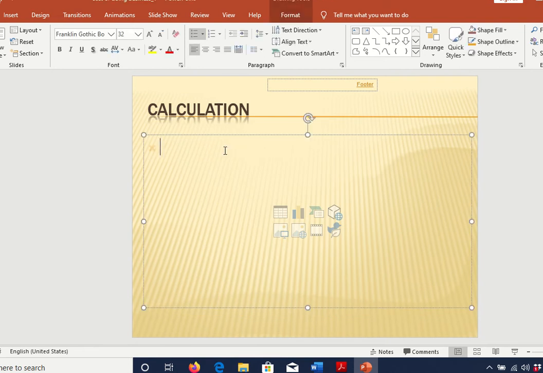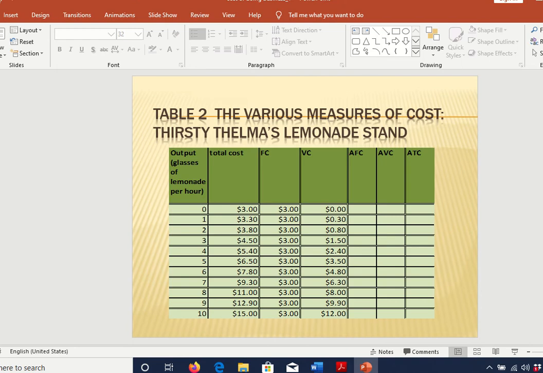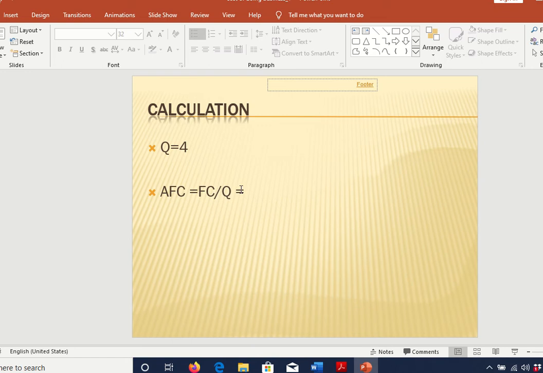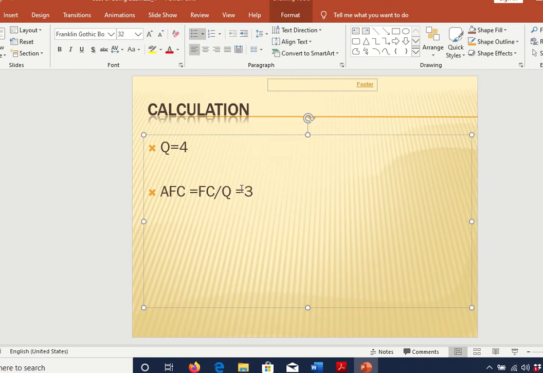When the quantity is equal to 4, let's find the average fixed cost. That's fixed cost divided by the quantity. Looking back, that's 3 over 4, so that will give you 0.75, 75 cents.